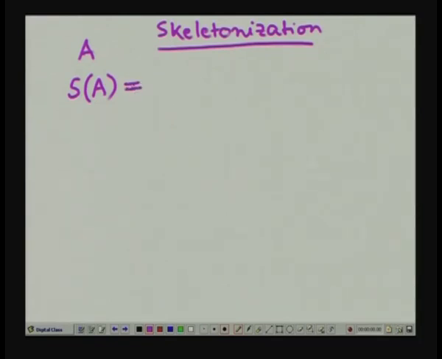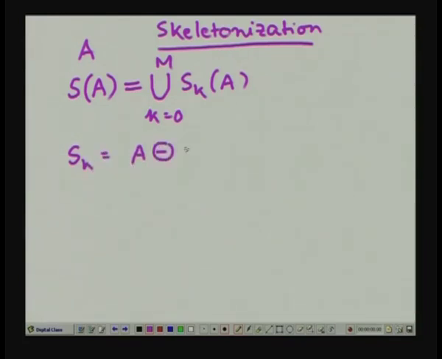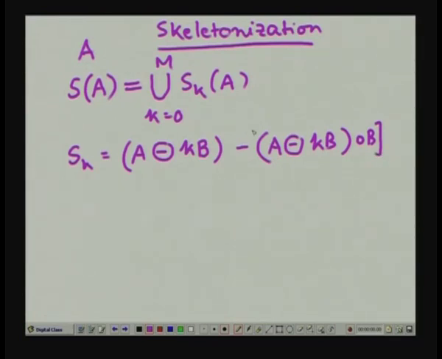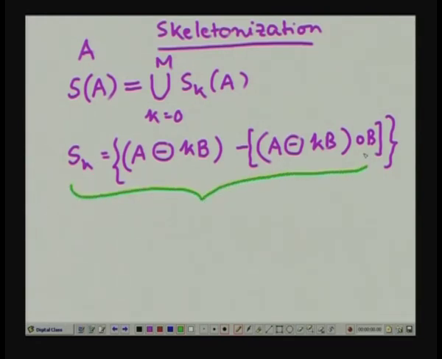This can be obtained by the operation S(A) = union of S_k(A) for k equal to 0 to say capital M, where S_k(A) is defined as A eroded k times with B, minus the opening of A eroded k times with B, opened with set B. So, this operation gives us a number of subskeletons, and the union of subskeletons gives us the skeleton of the given set A, which we represent by S(A).